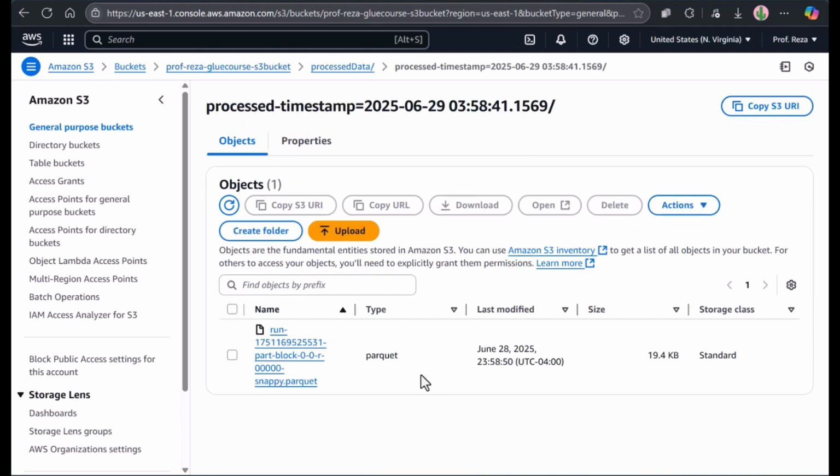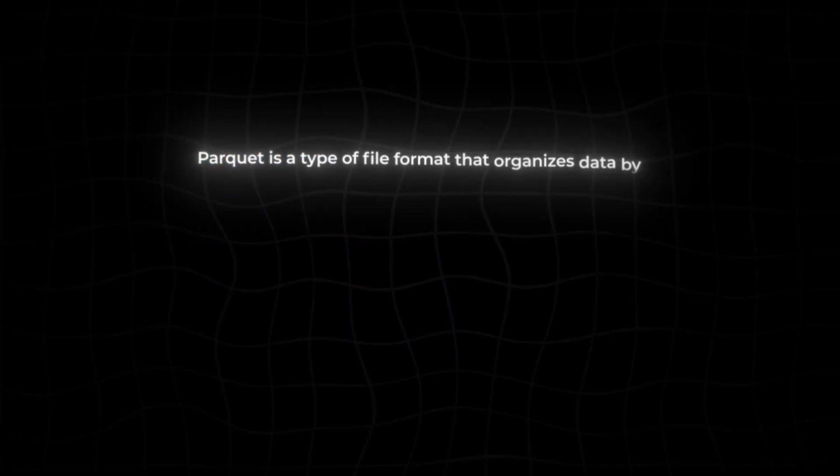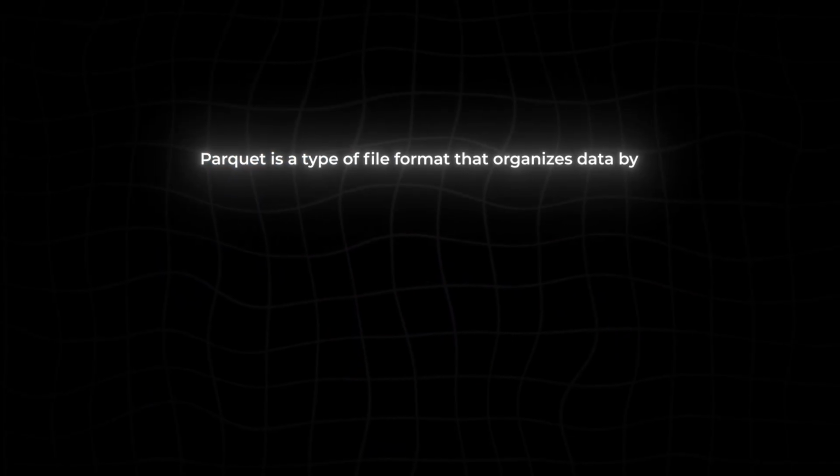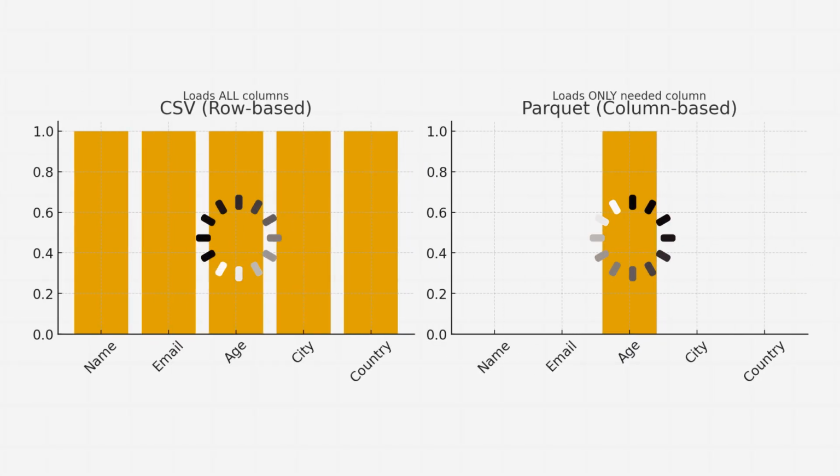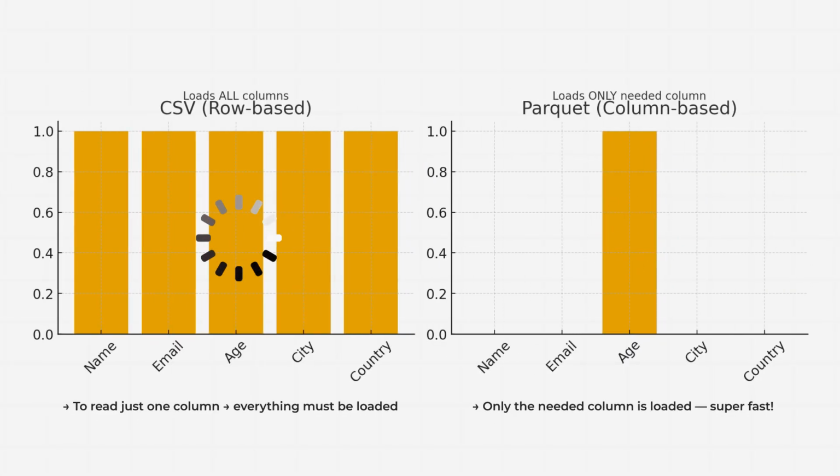Before moving on with the demo, let me explain what Parquet files are and how they're used in AWS Glue. Parquet is a type of file format that organizes data by column rather than by row. This makes it highly efficient for reading specific columns in large datasets, especially useful when you only need a few fields out of millions of records.